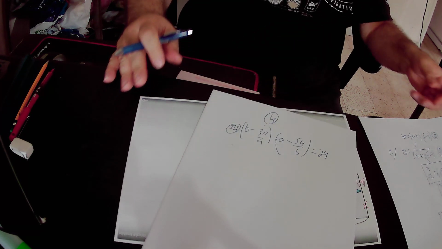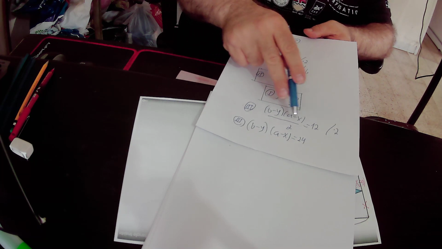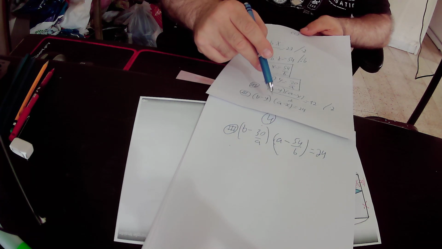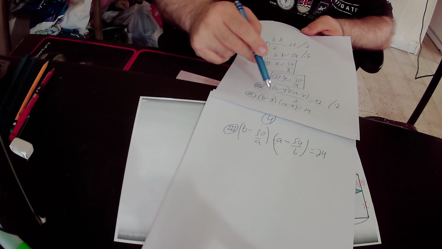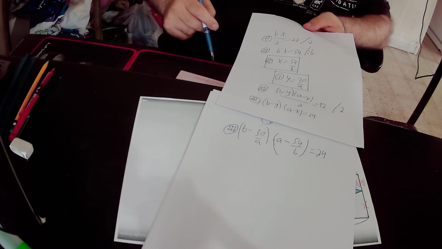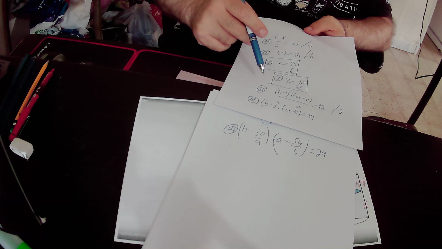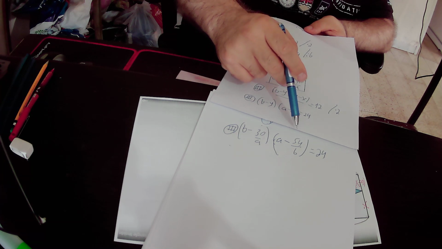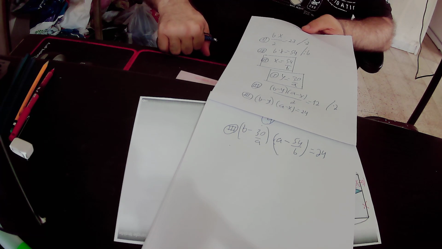So in this third equation we substituted y by 30 over a and x by 54 over b.